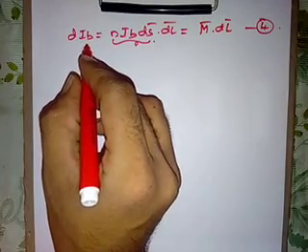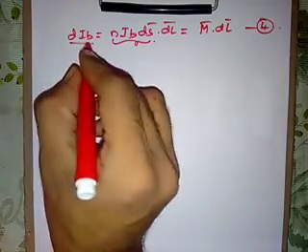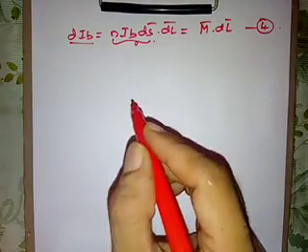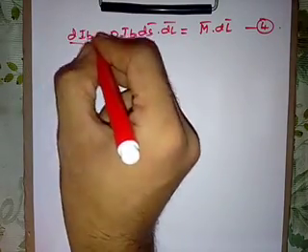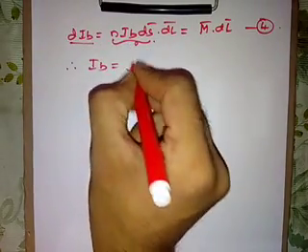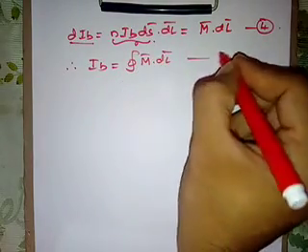So if you want the total increase in current for the total path, we have to integrate this equation. So if I integrate this, I will get IB, which is equal to the closed integral of m bar dot dl bar.